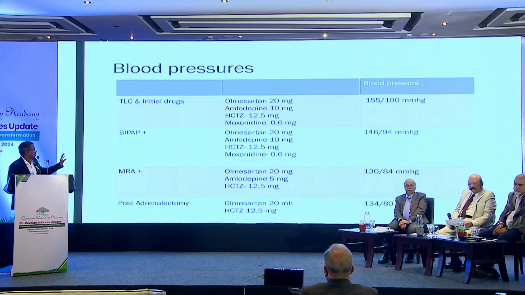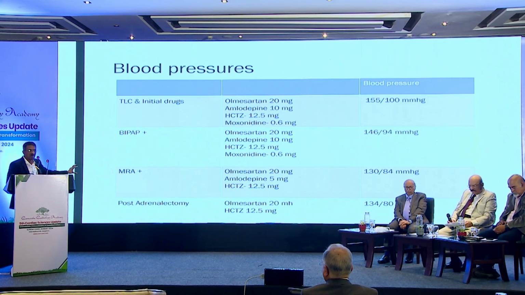So now, look at here. The patient was on therapeutic lifestyle change, and the initial drugs were olmesartan, amlodipine, hydrochlorothiazide, and moxonidine, and the blood pressures were 150 by 100. When we added the BiPAP after the diagnosis of OSA, the number of medications remained the same, but the blood pressure came to 146 by 94.